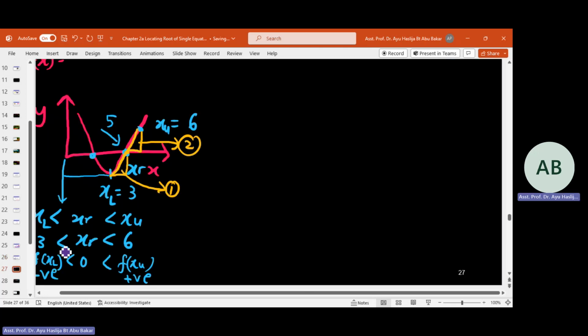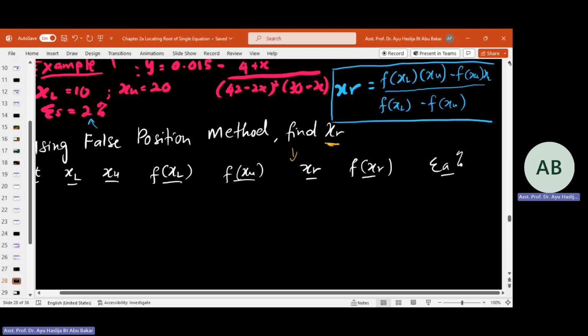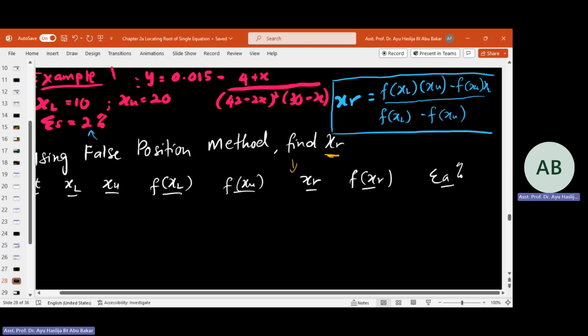Okay, we go back to the example from last time, using the same example where you are given this equation, but now using the false position method to find the XR.